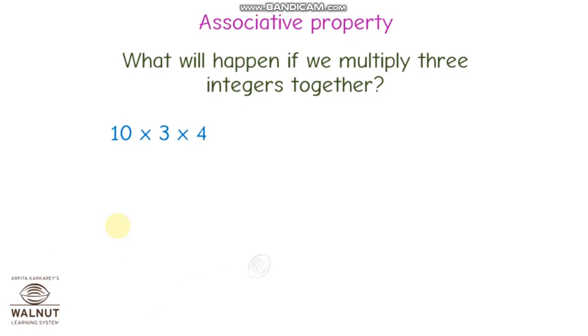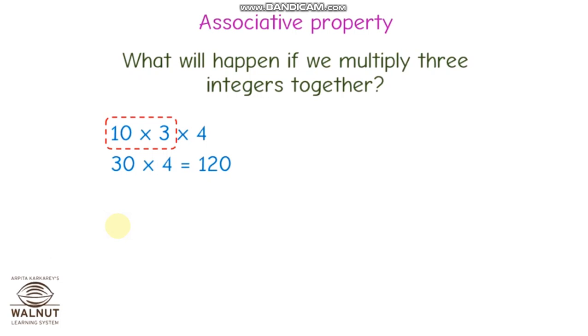For example, 10 into 3 into 4. We put the bracket first on 10 into 3. That means 10 into 3 is 30, and 30 into 4 is 120.